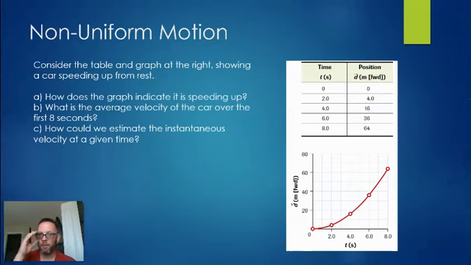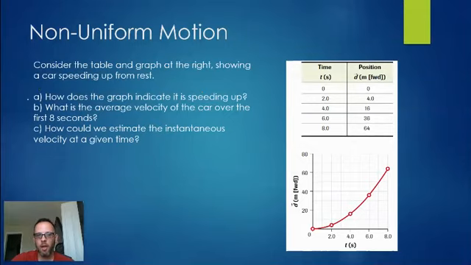Finishing things up, let's talk about non-uniform motion. The graphs we look at right now are pretty simple, just straight lines. So here is a table. The data is graphed over 8 seconds of some non-uniform accelerated motion. Here we have the position in meters of this car speeding up from rest, moving forward.